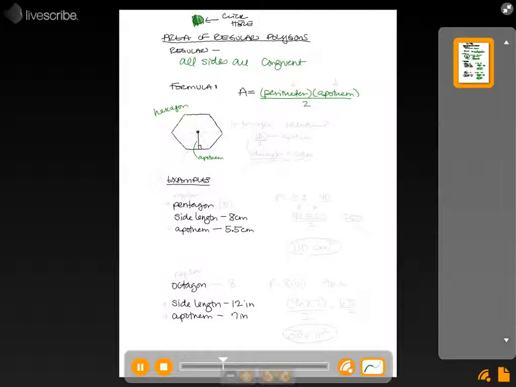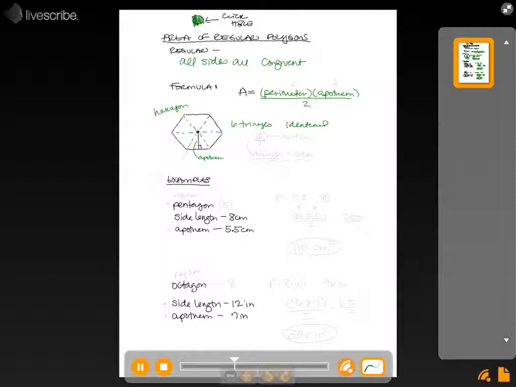Now, why this formula works is we can split this hexagon into mini triangles from that center point. And notice we got 6 triangles here. And they're all identical, which is key since it's a regular figure. The base, the outside pieces of all of those triangles are the same.